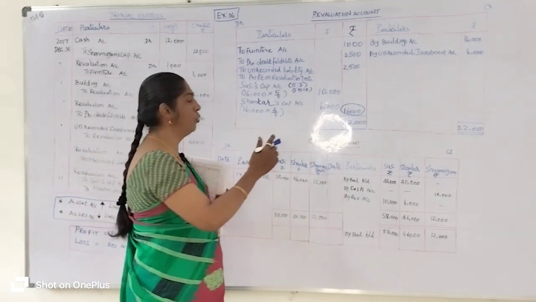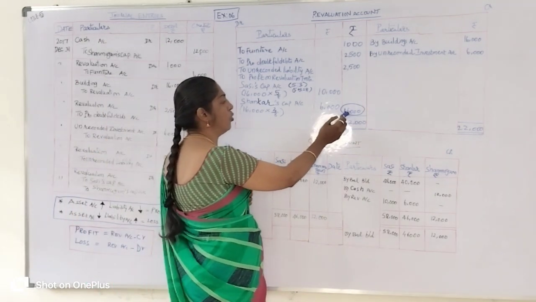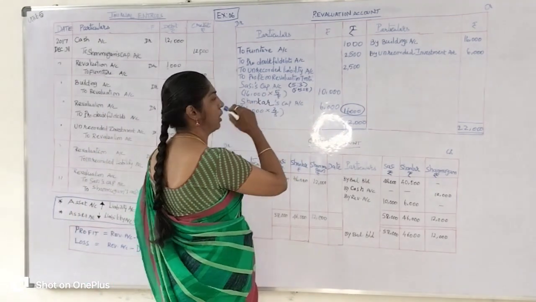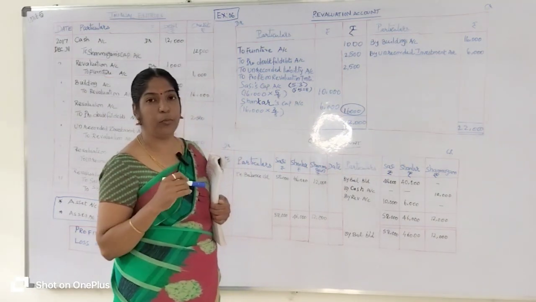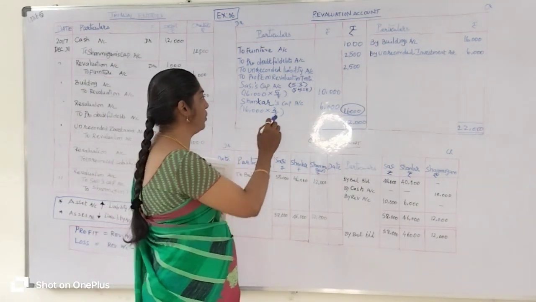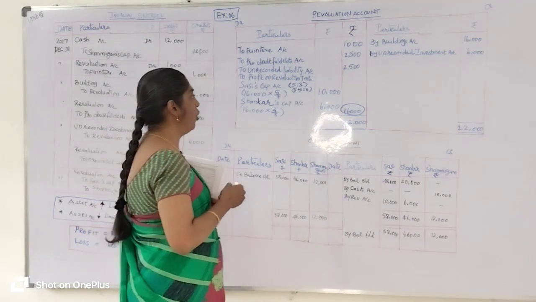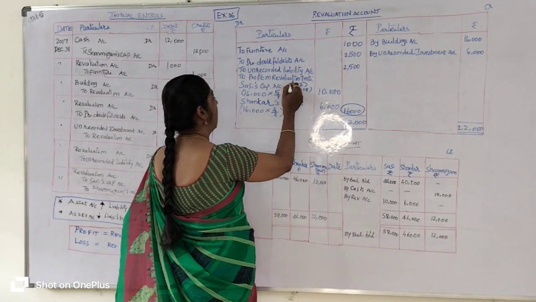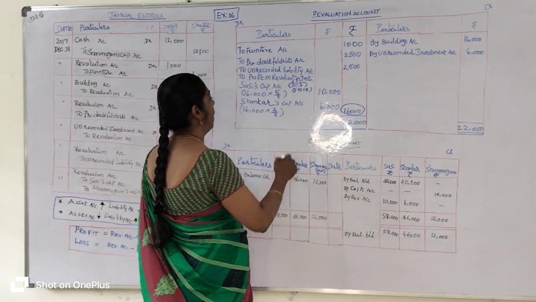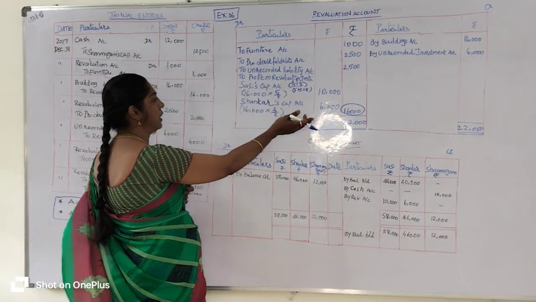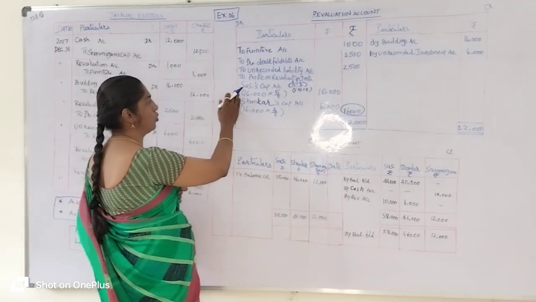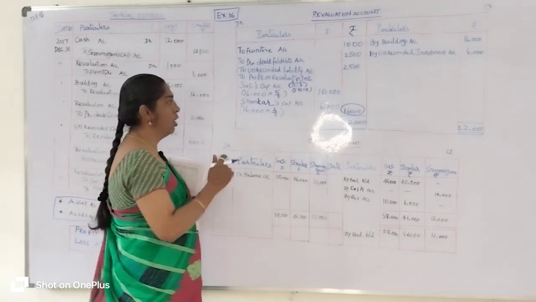So now we are going to transfer that 16,000 rupees accumulated profit to the old partners' capital accounts in their old profit sharing ratio. What is their old profit sharing ratio? 5:3. So 5 for Sasi and 3 for Shankar. First we are going to transfer the 16,000 rupees to the first partner, Sasi's capital account.